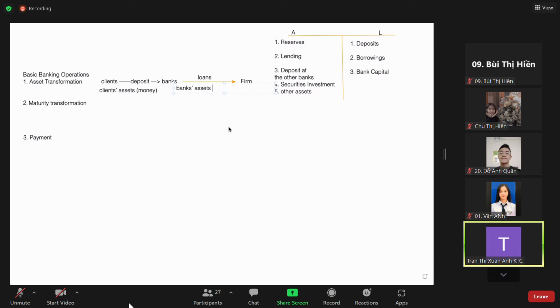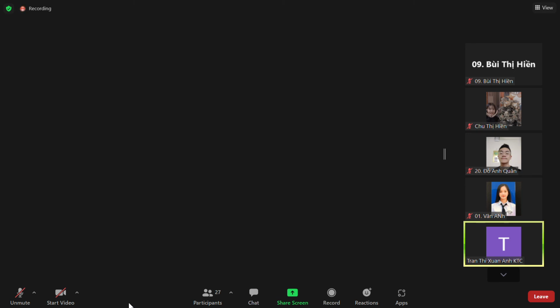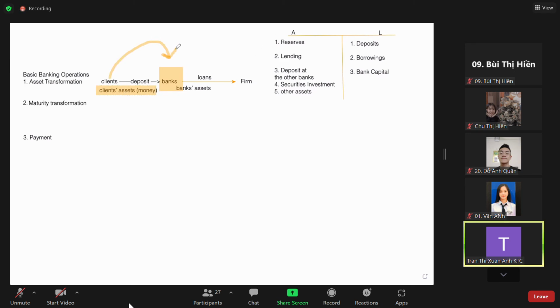The other situation we would talk about on another occasion. So with the existence of the bank, you can see the ownership of the money is transferred or transformed from client to the bank. So we call this asset transformation, from one owner to the other owner.